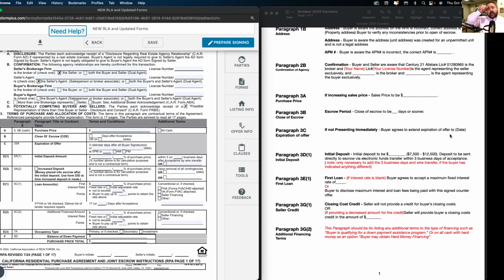So what I want the buyer to do is actively agree with me that the offer is still valid, as part of my counter offer. I know it seems silly, but there's an expiration date on an offer for a reason. And I don't ever want there to be any kind of loophole, any kind of issue.